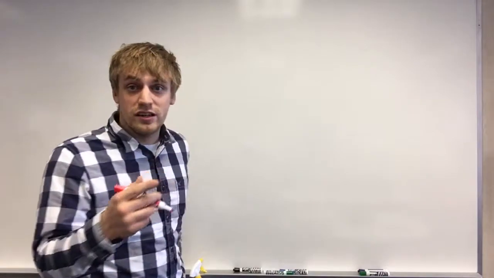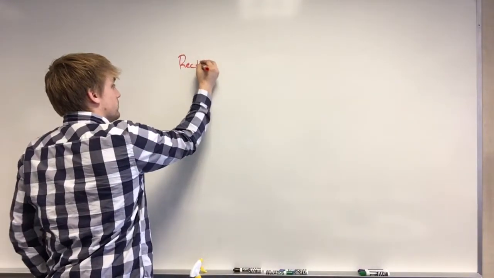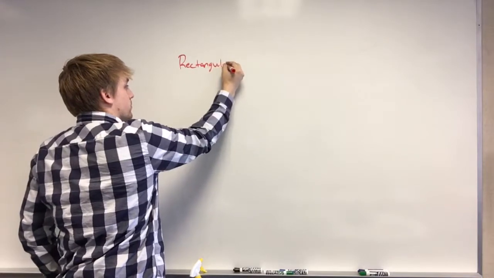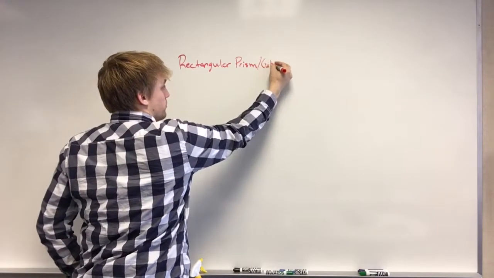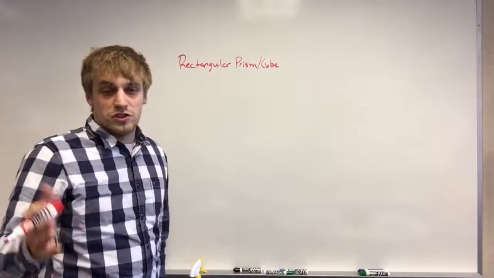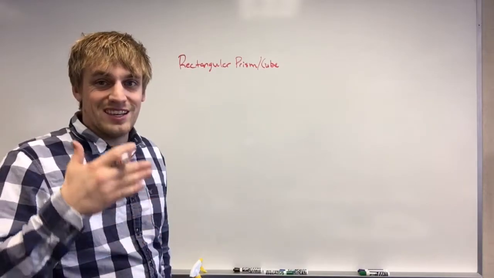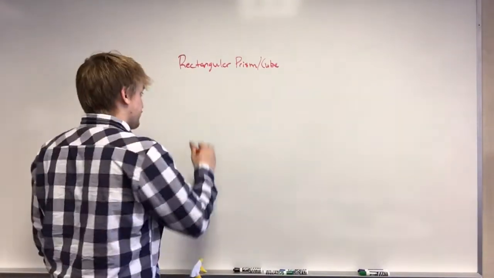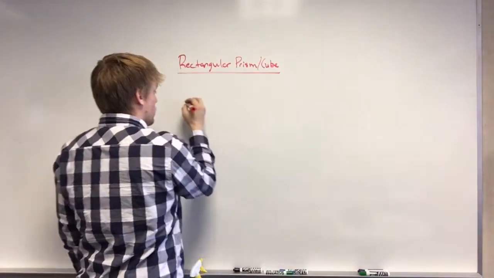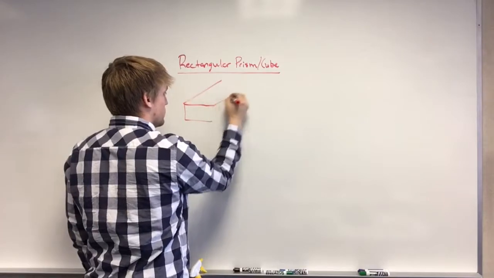So the first one is a rectangular prism or a cube. A cube is just a rectangular prism that has all the same size sides, or every edge is the same. So a three-dimensional rectangular prism looks like this.